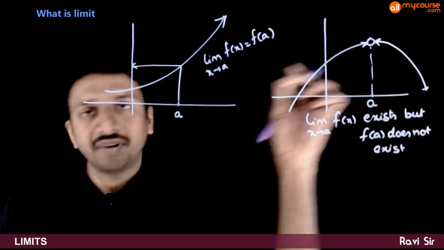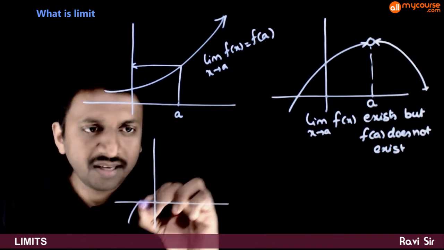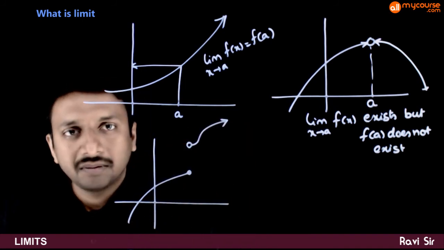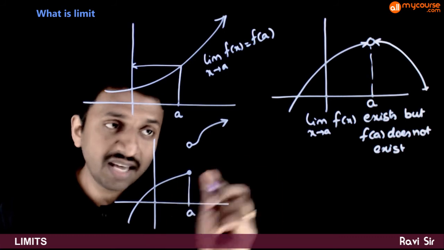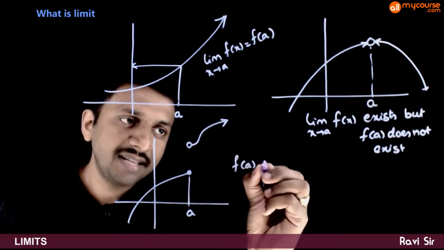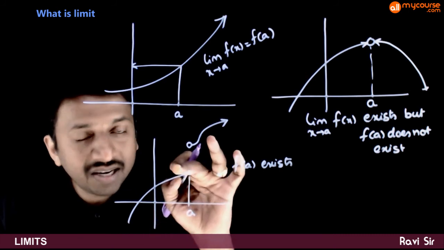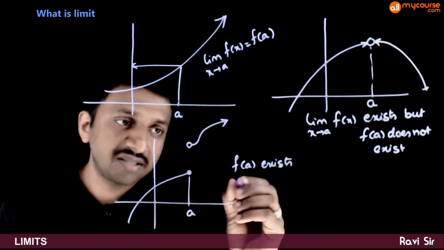Sometimes the graph can also be like this. If this is what happens at x equal to a, in this case f of a exists, but the right hand limit and the left hand limit are different, hence limit does not exist.